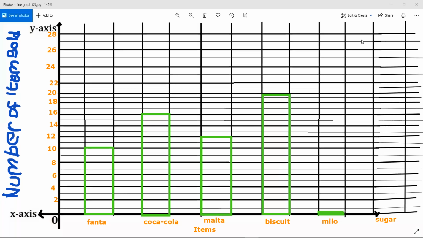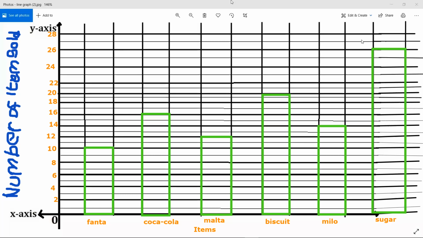Milo is 14 here. We have done. So Milo is 14. Then sugar is 26. So sugar, which is 26. Okay. Good.